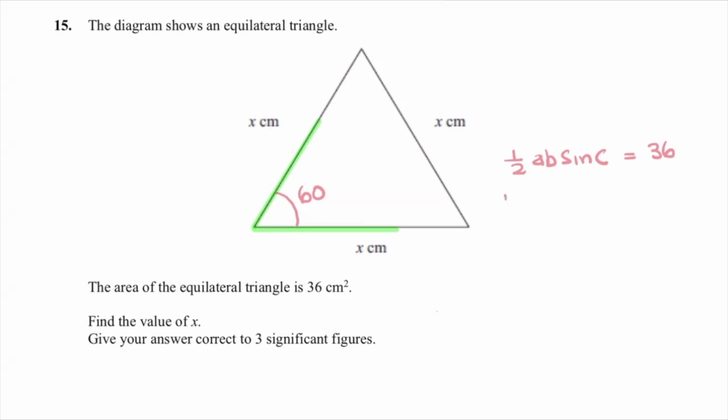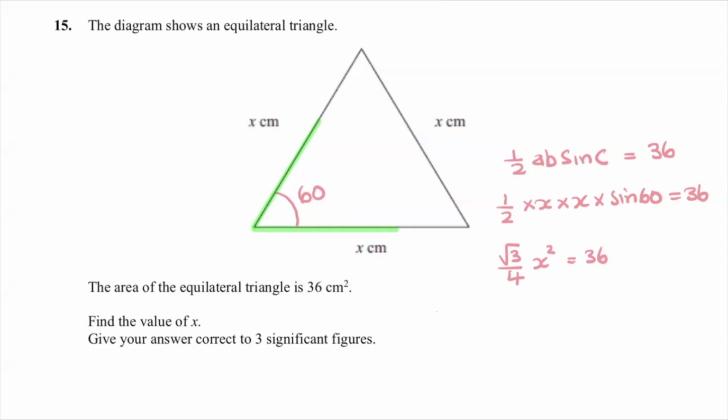So we've got half times x times sine 60 equaling 36. If we put the half times sine 60 into our calculator, we're going to get root 3 over 4, and then we've got x squared equaling 36.